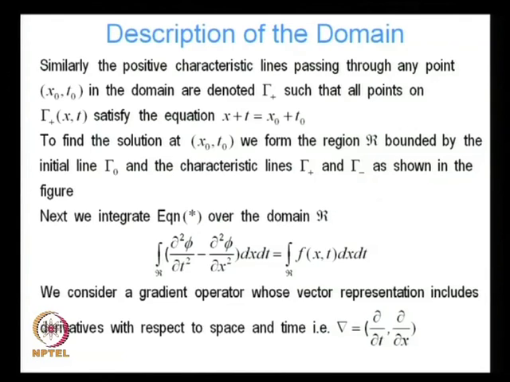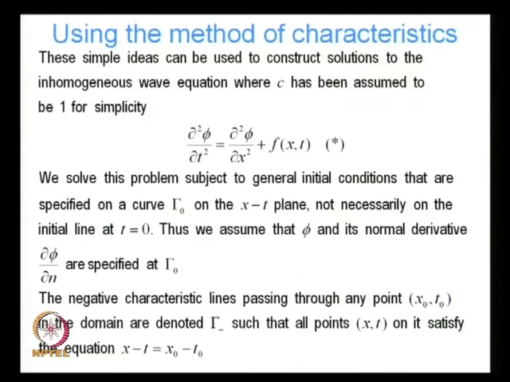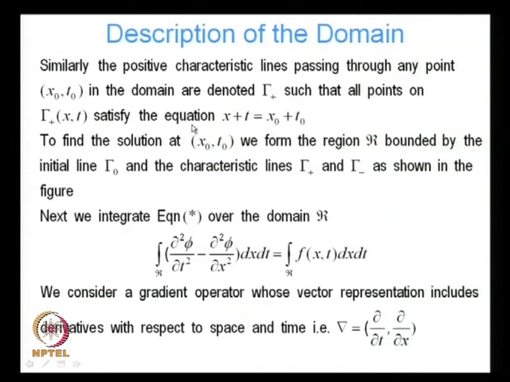Next, we integrate this equation, which is my governing equation, over the domain R, a straightforward integration. Since my independent variables are x and t, my gradient operator comprises the partial derivatives with respect to t and x.